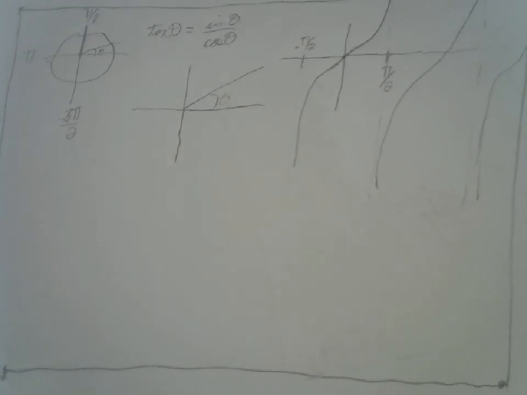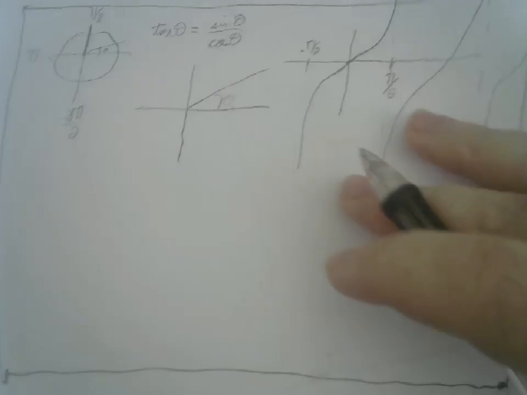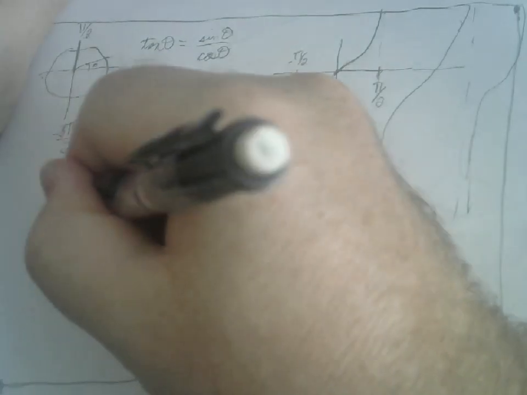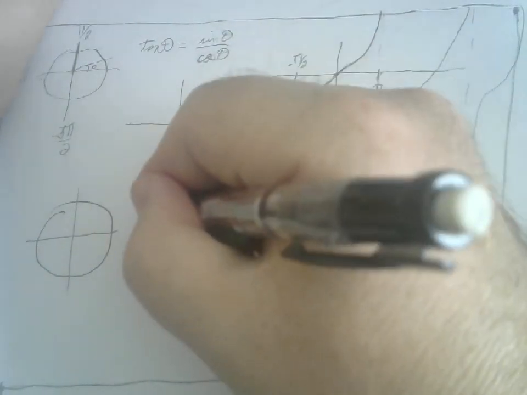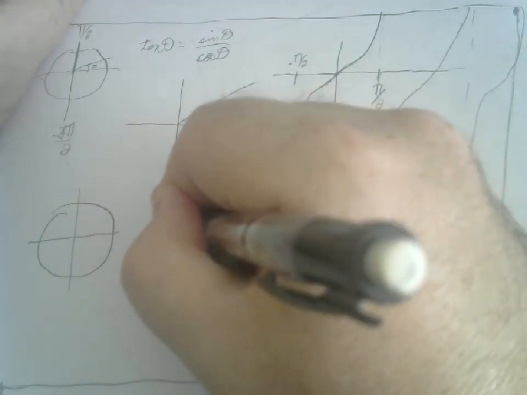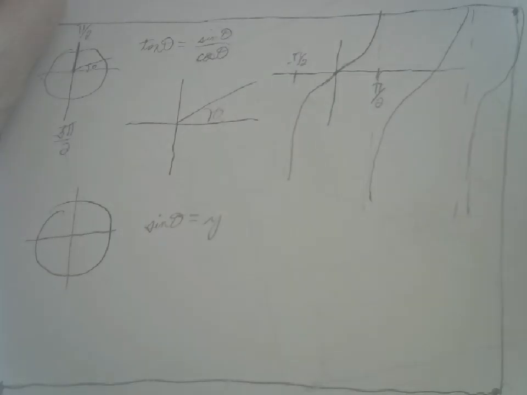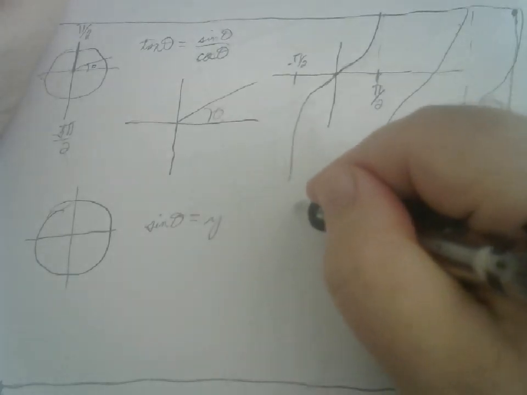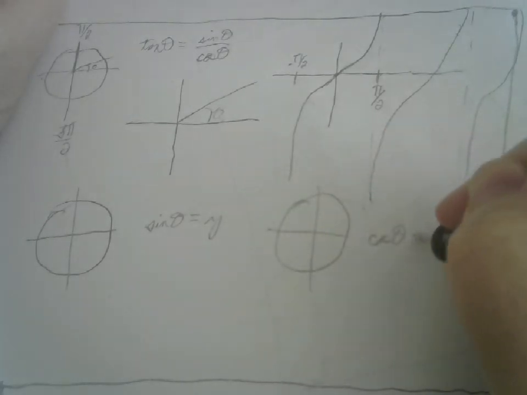All right, so now algebraically speaking, what we can do with our sine and cosine, if we talk about the inverse function, let's say we know that sine theta equals y. Okay. So I like to use y here for this, and I'll use another circle to say cosine theta equals x.